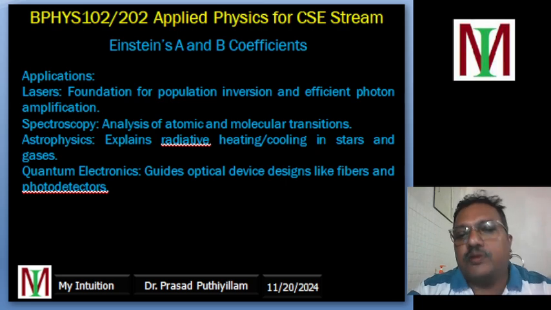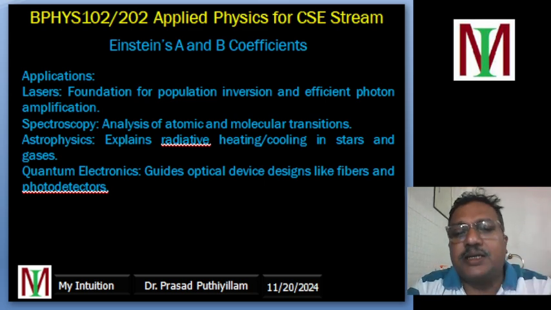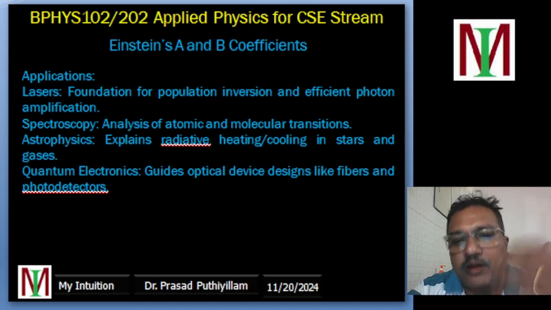We have seen the laser pointer, or maybe the laser in movies during surgery. All of these are possible because of Einstein's idea of stimulated emission. In lasers, we need to make sure more atoms are in a high energy state than in a low energy state.